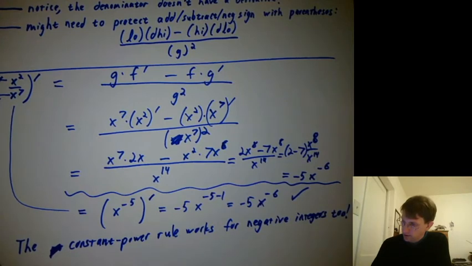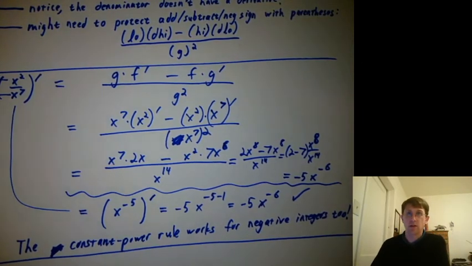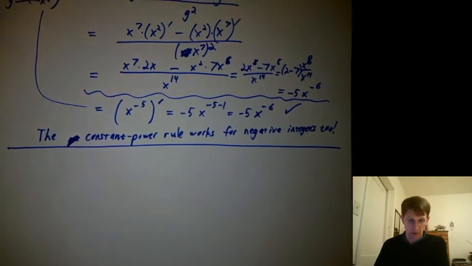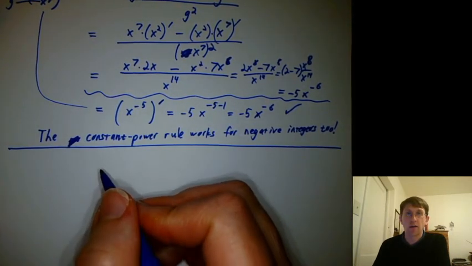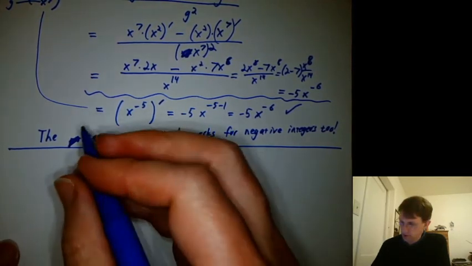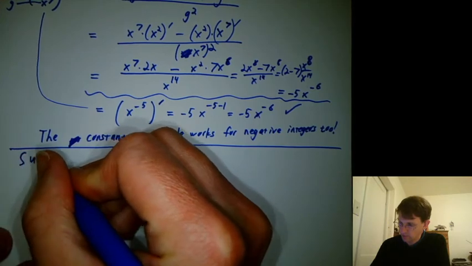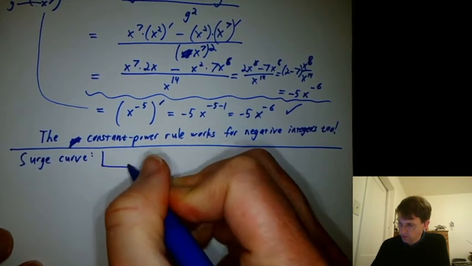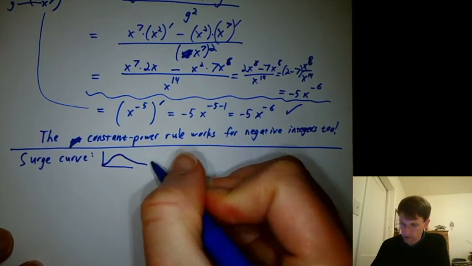All right, so let's try another example. When we were doing the product rule before, we did a decaying or growing sine wave. Let's try a surge curve this time. Remember, those look something like this.